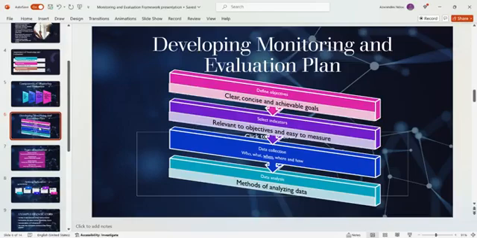But let's look at the issue of data analysis. What kind of methods are we going to use? Are we going to use the qualitative methodology or quantitative methodology? Remember, quantitative and qualitative methodologies are both okay, but many times it's preferable to use quantitative numbers. Why?